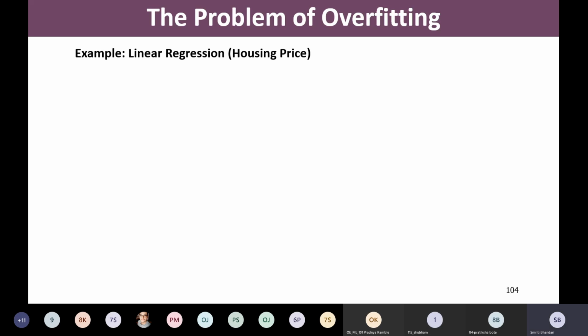Let us assume that we are dealing with linear regression, okay? And the problem under consideration is our housing price problem. So let us assume that we have the feature size of the house and we are predicting the price of the house. And let us assume that we have such kinds of data points in our training data set.